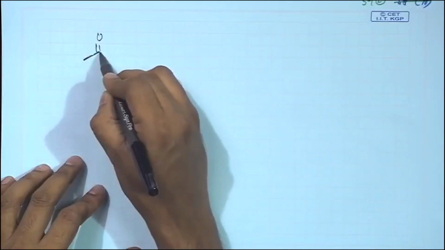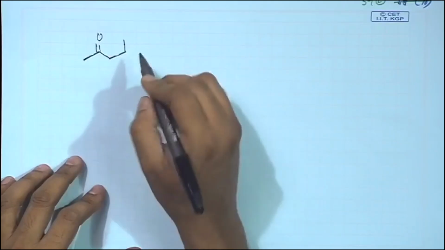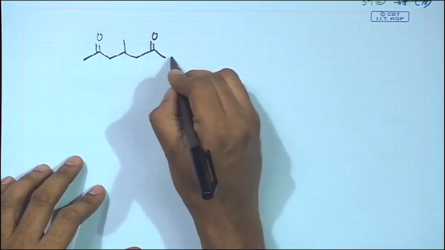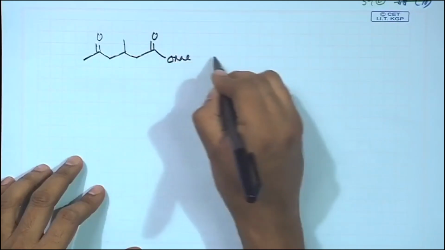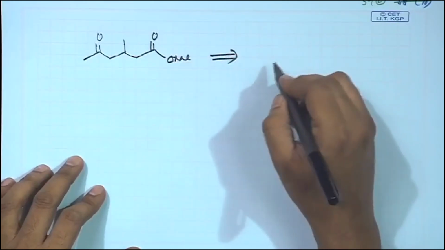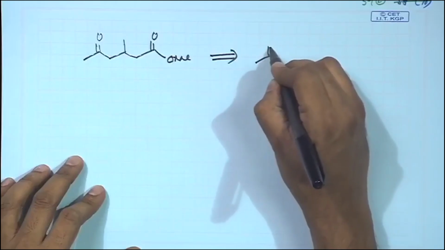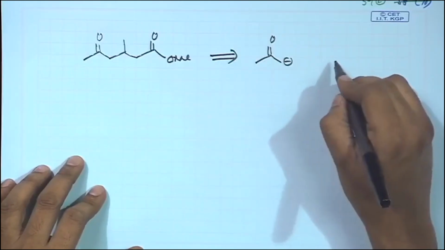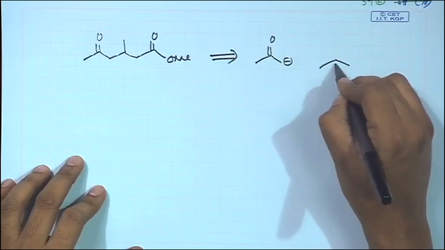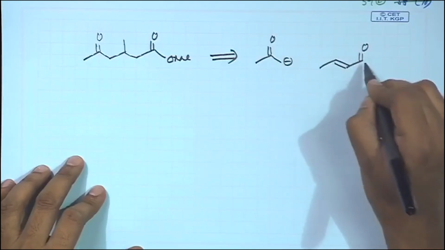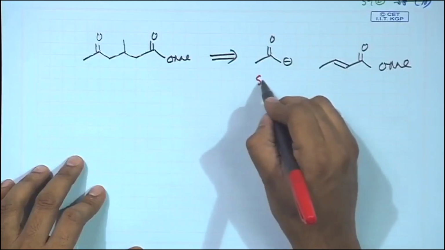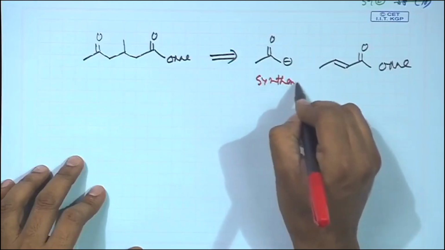Probably the very classic example of synthetic equivalent disconnection, or the synthon concept in retrosynthetic analysis, will be visible from this particular example, where you have this particular anion and this particular acceptor. I am saying this one is synthon 1.